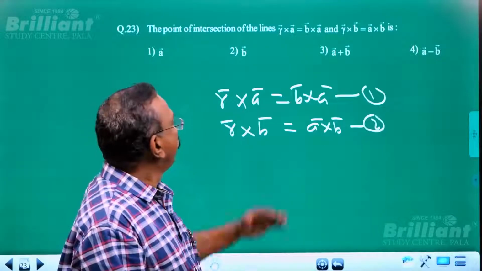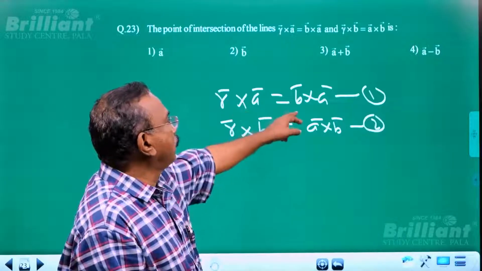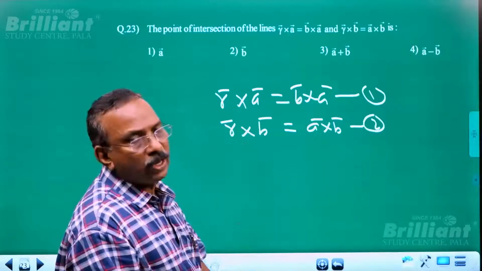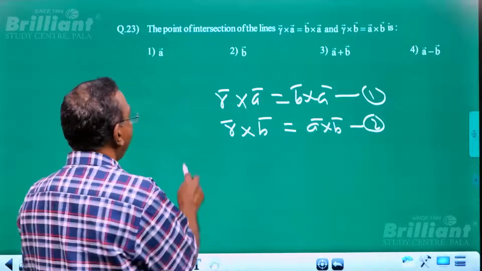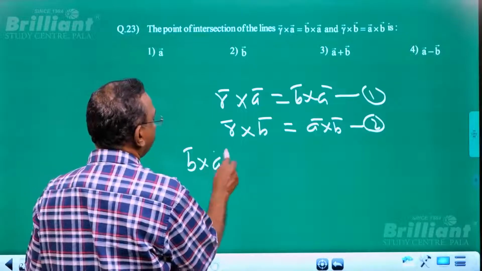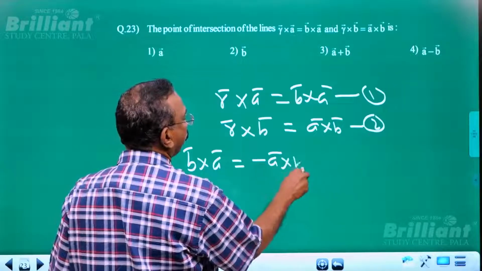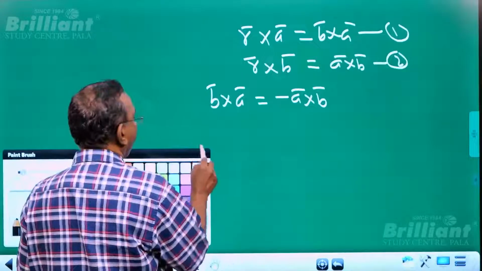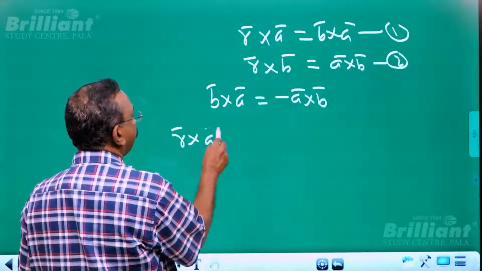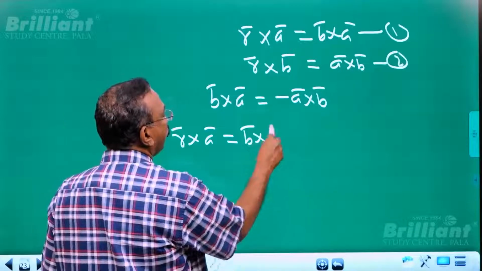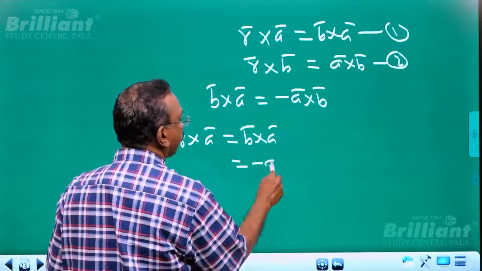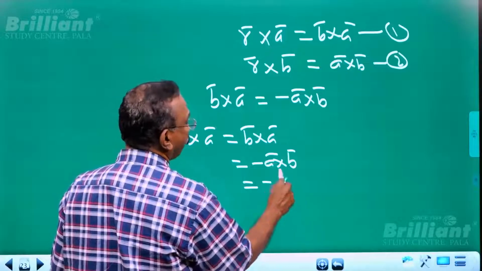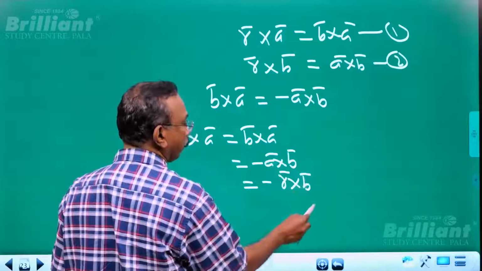How to solve this? Look at the equations. The right side is B cross A and the left side is A cross B. You know that B bar cross A bar is equal to minus A bar cross B bar. So here you can identify the first equation, R bar cross A bar is equal to B bar cross A bar, which can be represented by minus A bar cross B bar, so that we can put minus R bar cross B bar using our second equation.